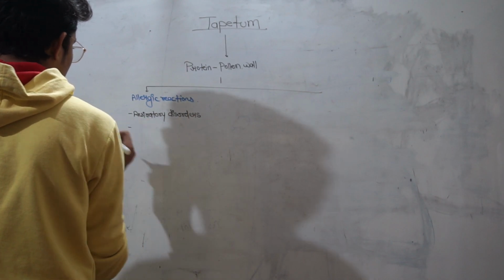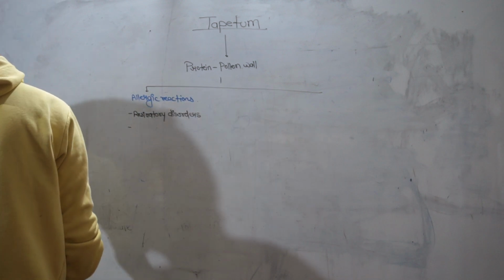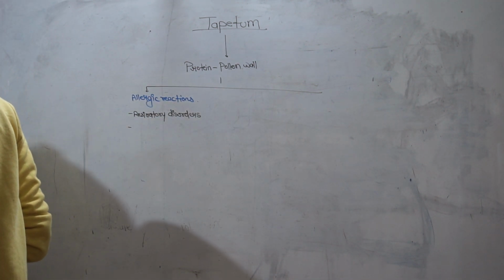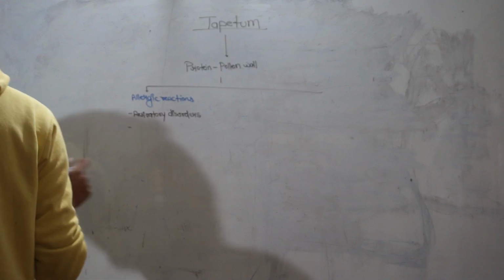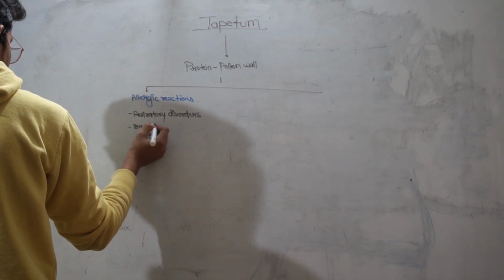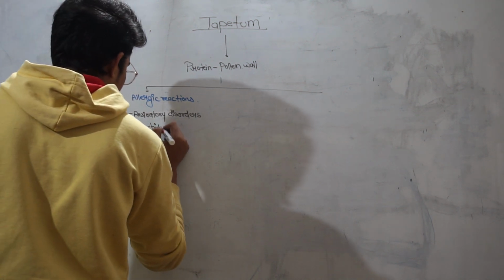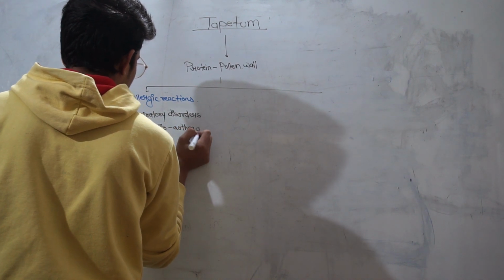One example caused by the protein present over the pollen wall is bronchitis, that is, asthma.